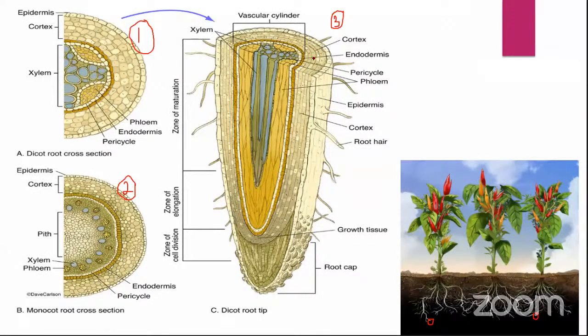And I'm going to help you draw it so that you can remember from your O level knowledge for better understanding. Okay, let me use this space here. What we begin with is the outermost layer, that is the epidermis. You can see it is double layered, and then there are root hairs attached to it.